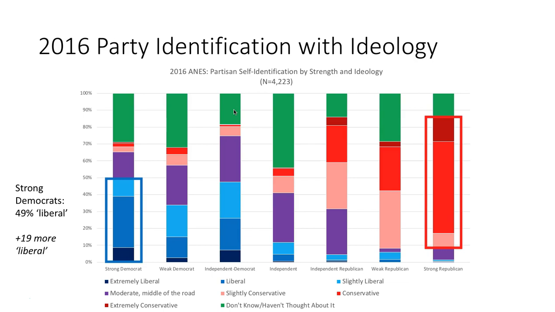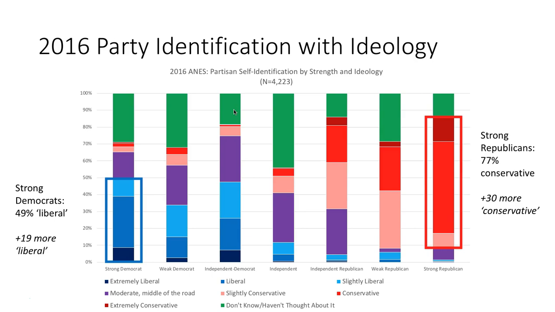Almost half of strong Democrats identify as a liberal in some way. That's 19 points more liberal. On the strong Republican side, an even greater increase, now three-quarters: 77% identify with a conservative ideology. That's increased 30 points more conservative.